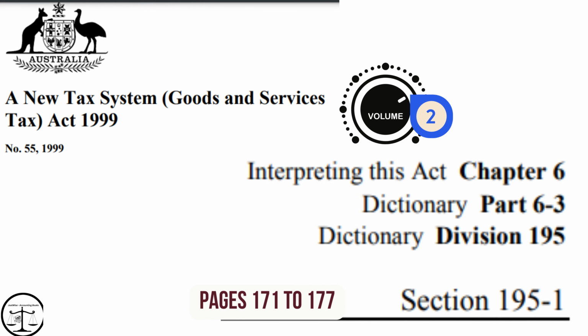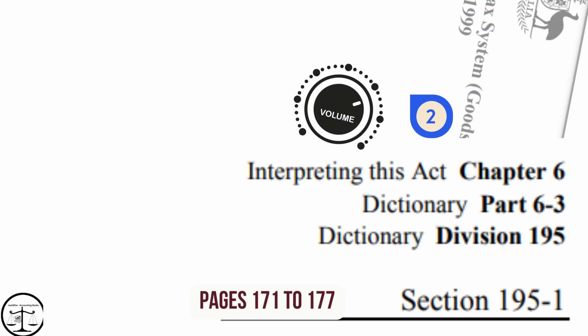We will explain these words in later section of this video. These words are from Division 195 of GST Act. Division 195 is last division of GST Act 1999. On screen are the words from pages 171 to 176 of Volume 2.